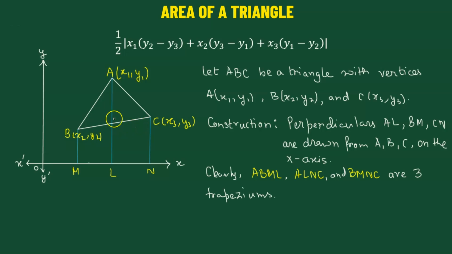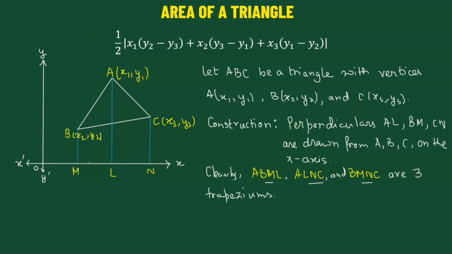Now, taking the help of these three trapeziums, we can easily find out the area of the triangle. All we have to do is find the individual area of each of the three trapeziums. If we consider the area of the trapezium ABML and add it to the area of the trapezium ALNC, that's going to give us the area of the quadrilateral ABMNC. But the area of the trapezium BMNC is an extra part, so we'll have to subtract that portion from it, and that's going to give us the area of the triangle ABC.